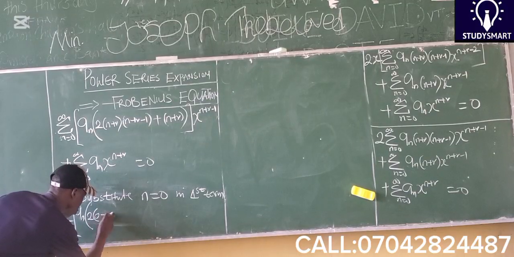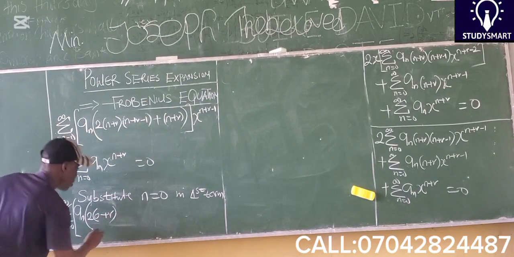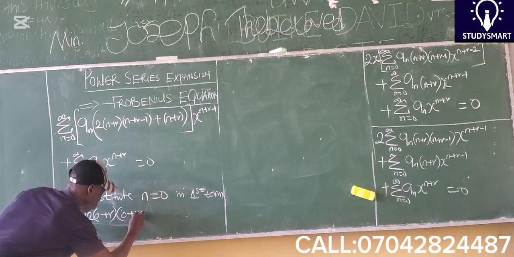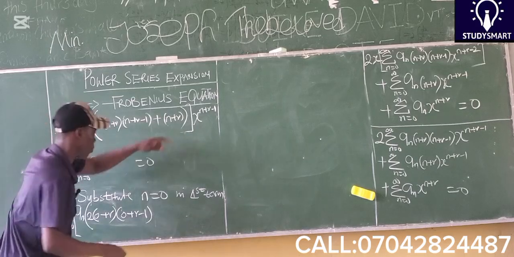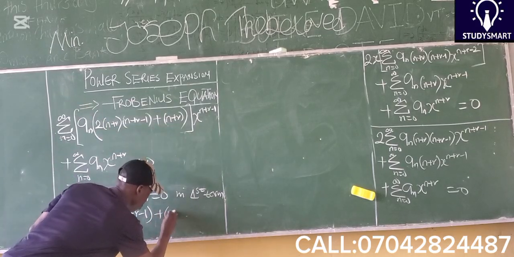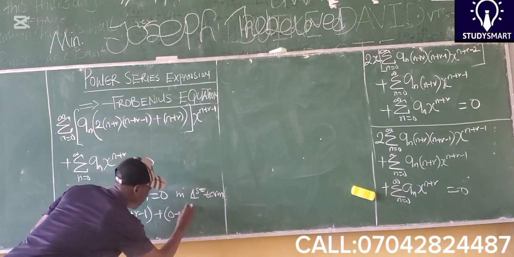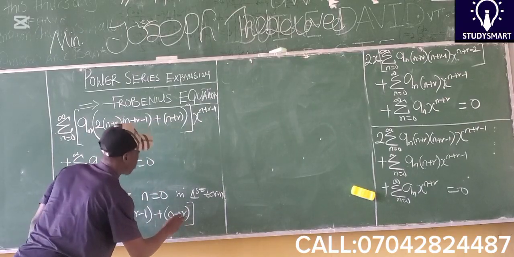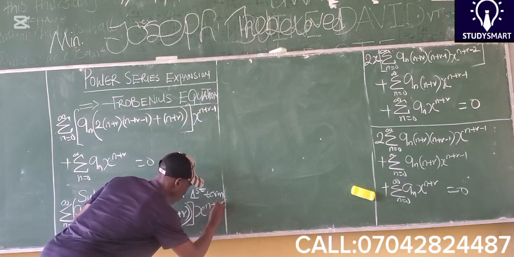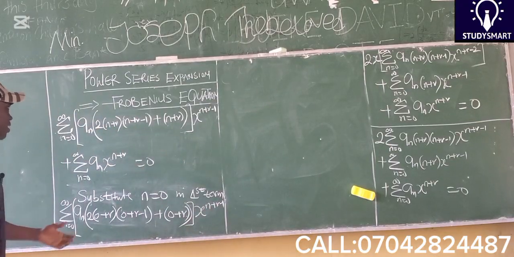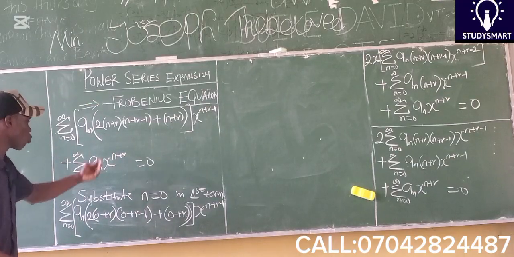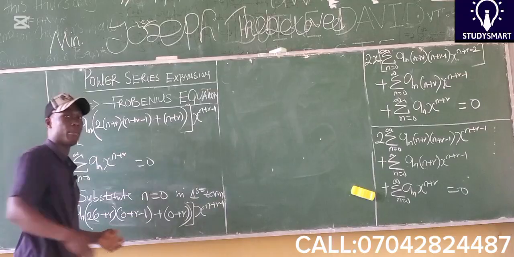So this becomes 0 plus r, and this one is 0 plus r minus 1. And then plus, n here is 0, so I put 0 plus r. Then I have my x to the power n plus r minus 1. Like I said earlier, this is the only part affected. Substitute n equal to 0 into this.